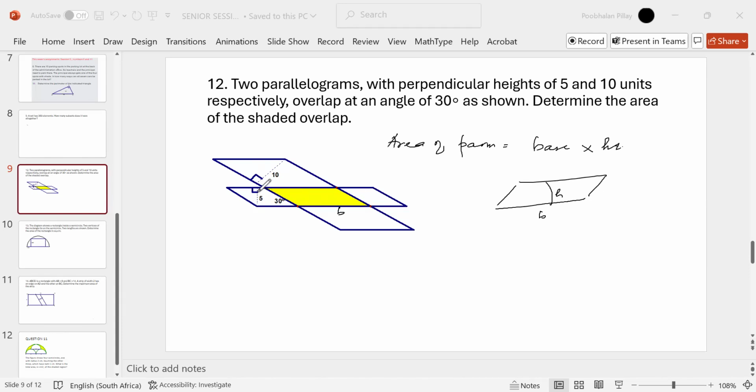The reason why I take this base is because I've got the height, you see. Its height is 5, and it's also 10.